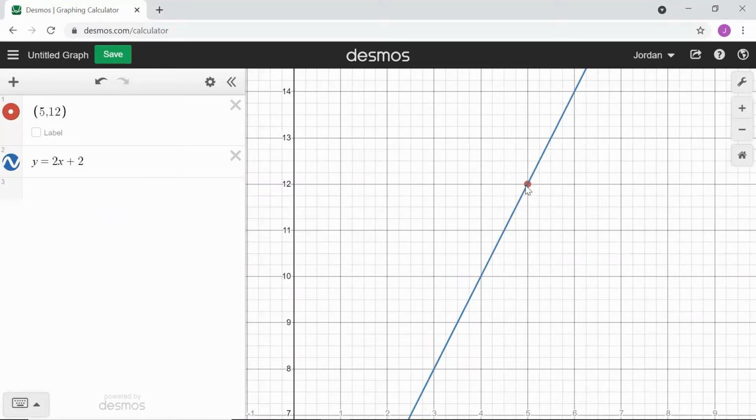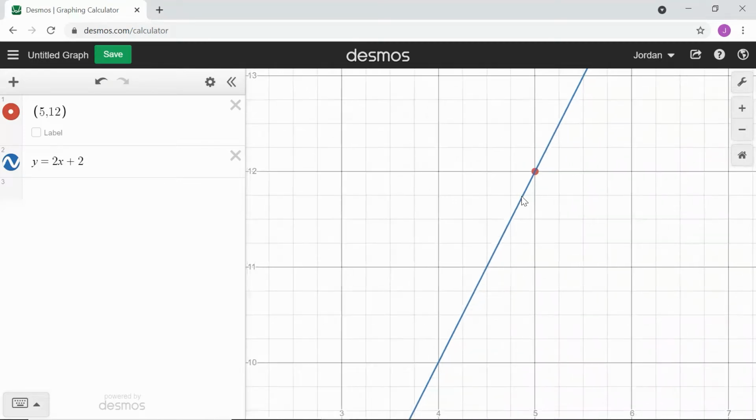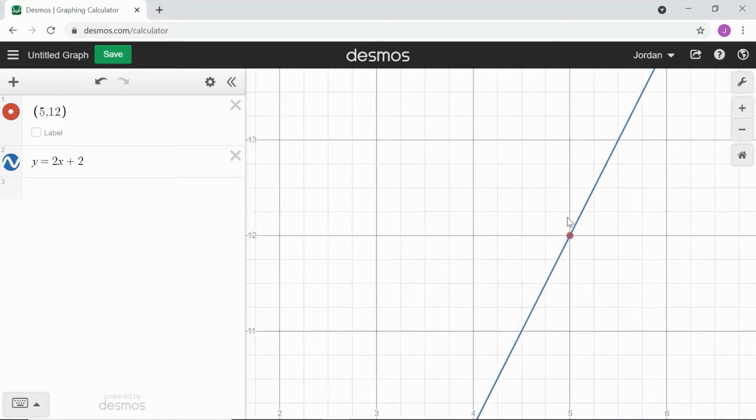Now, that doesn't mean the function looks exactly like that. The function could look lots of different ways, but the tangent line looks like that. So what we could do is zoom in here to the point (5, 12), and approximate where our function is going to be by utilizing this tangent line.